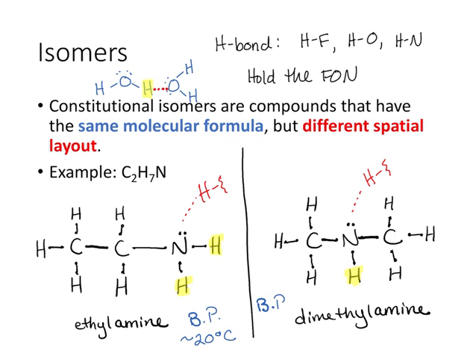And the boiling point for dimethylamine is about 9 degrees Celsius. So these 2 molecules that have the same molecular formula have different layouts and different physical properties. Just keep in mind, constitutional isomers have very different physical properties.